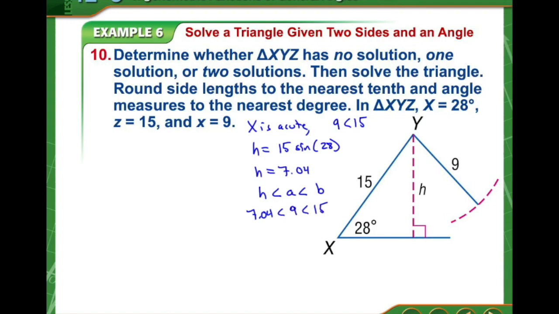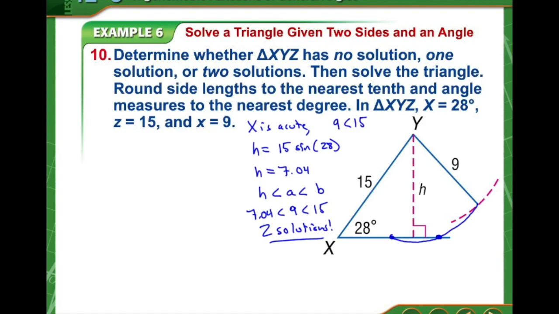So that's good. That means that this is going to swing. It's going to hit once, but it's going to also swing and hit twice down here. So it's going to hit 2 times. So we have 2 solutions. And we need to figure out the possible sides and angles for both. There's a lot of work to do with this one.